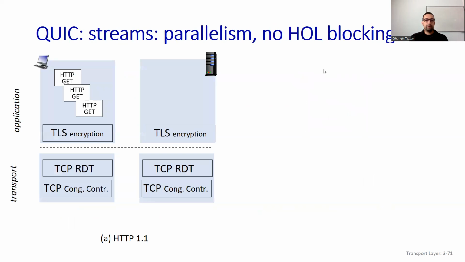And QUIC also solves the problem of head-of-line blocking. We talked about it when we talked about TCP. Recall that the idea was, of course, this was from HTTP 1.1. If you send 3 HTTP GET messages, and if the first one is a large file, you have to wait to download it first and then get the other HTTP GET request, right?